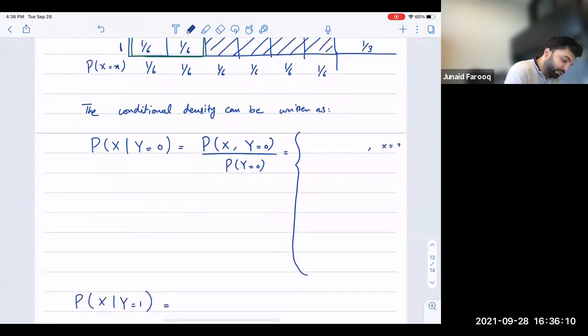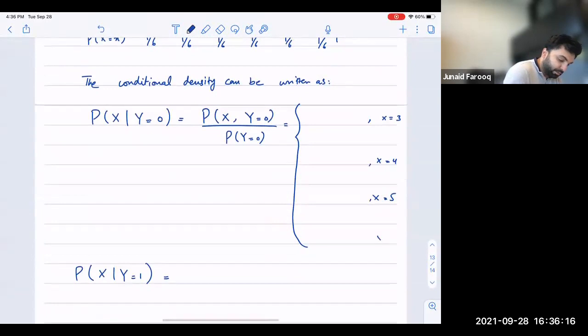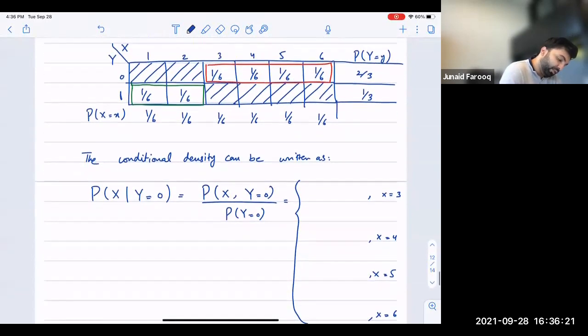If X equals 3, the joint density is 1/6, divided by the probability Y equals 0, which is 2/3. So we'll get 1/2.